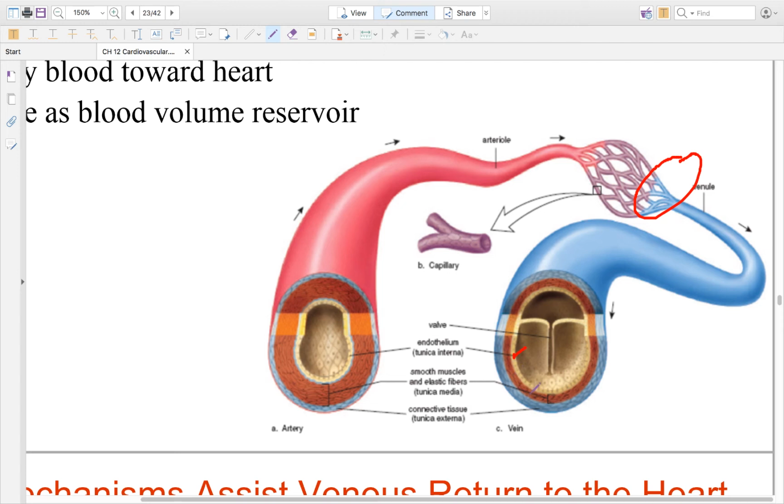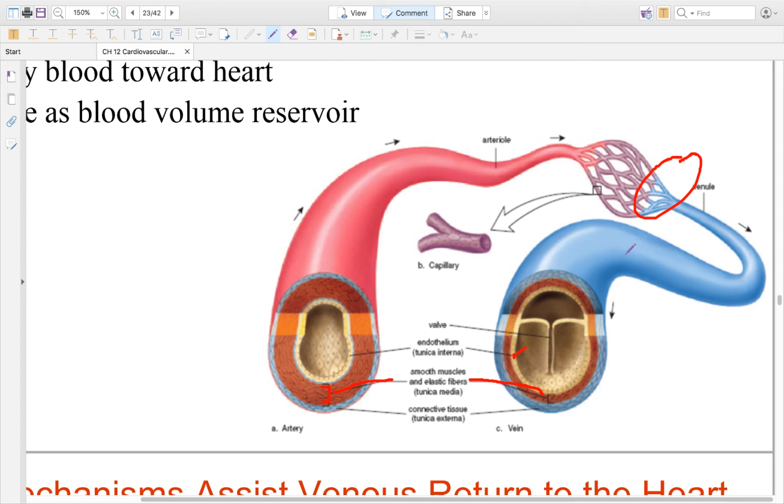But notice how thin this is compared to here, compared to the artery. The artery's tunica media is thick, and the vein has a thin one there, so they're a little thinner. And then, of course, they have the connective tissue, the tunica externa.